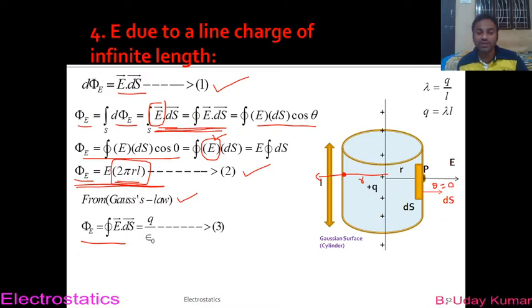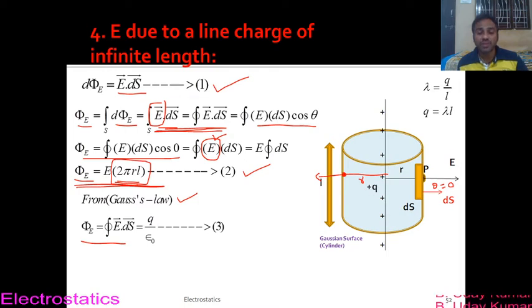Initially we did not know the total charge that was present on that line charge, right? So now let us assume that the charge that is present inside this Gaussian cylinder is plus q.